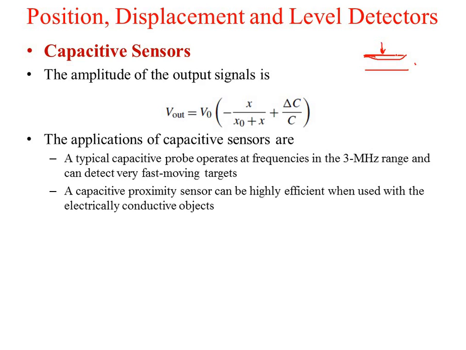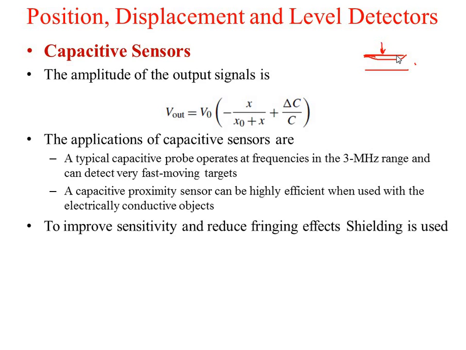Pressure is converted into displacement, and displacement is converted into a change in capacitance, and that change in capacitance is proportional to displacement. This is the simple principle used for measurement of force or any pressure that you apply on the surface of the capacitor plate. So this is another application. There are n number of applications where you can use capacitive sensors.